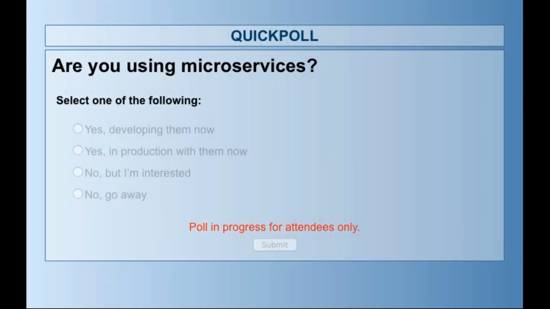All right, so the question is, are you using microservices? Yes, developing them now. Yes, in production with them already. No, but I'm interested. No way, go away. All right, let's give everyone a little bit of time to actually answer this one.